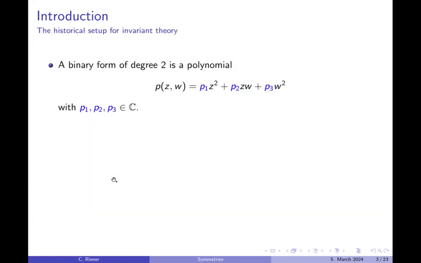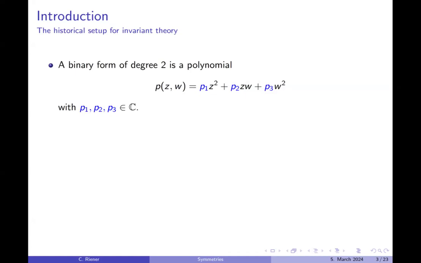Now let's start a little bit with the historical background. This was actually a very interesting topic of mathematics in the 19th century. So we start with a binary form of degree 2, which is just a homogeneous polynomial of degree 2 in two variables.